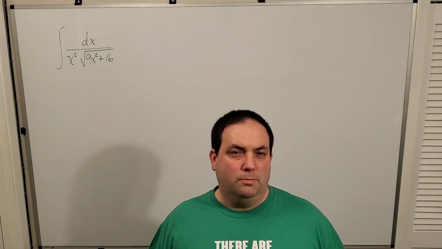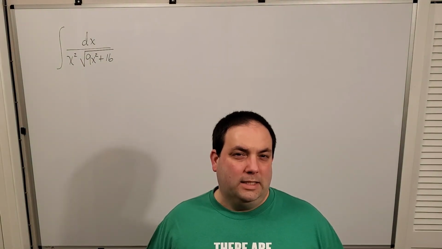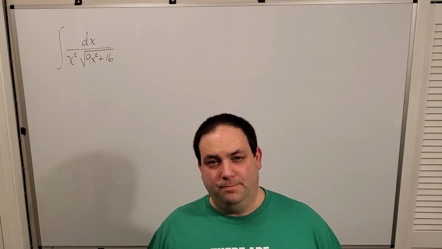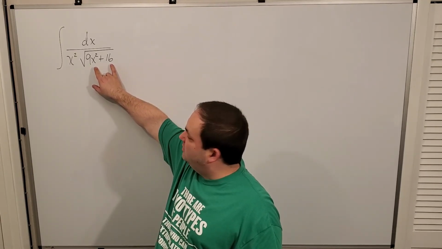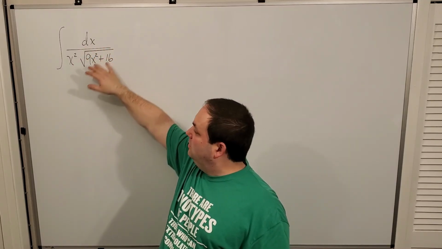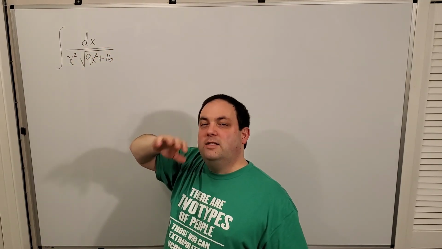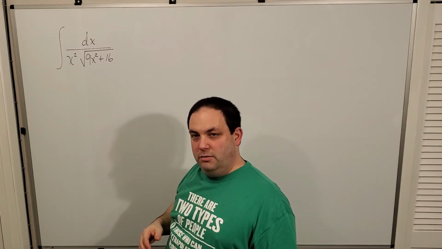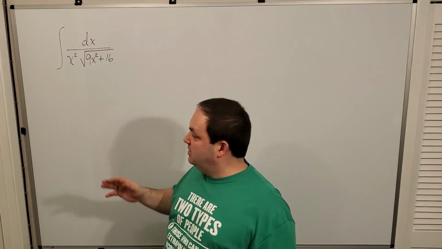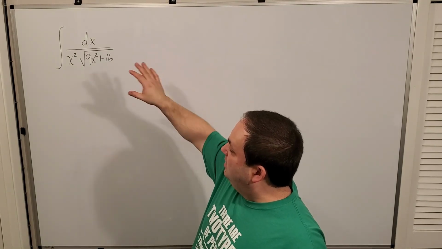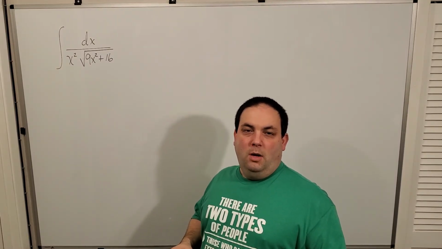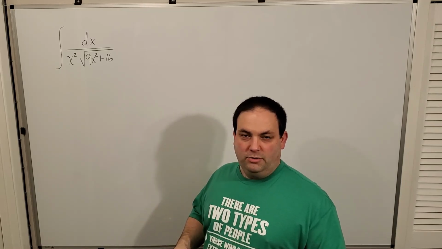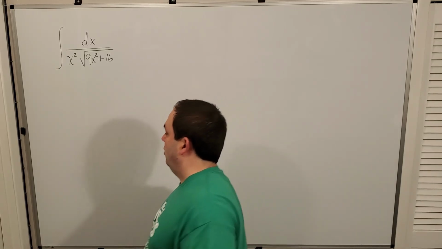The next problem is quite blatantly a trigonometric substitution. You can see it right away when you look at the fact that you have this binomial under a radical and nothing on the outside that's worth using in a normal, ordinary substitution, right? Something that's of this kind of format is just made a lot easier by substituting in some trigonometry. So that's what we're going to do from here.